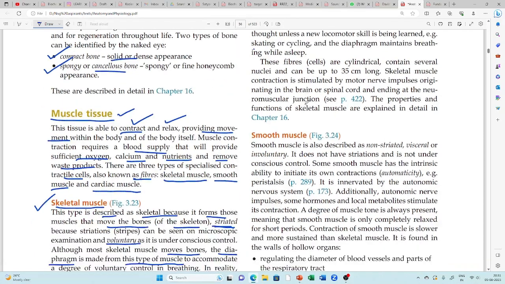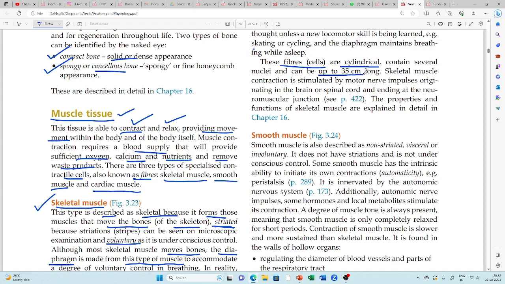Another characteristic of skeletal muscle: the fibers or cells in skeletal muscles are cylindrical. It's very, very important. Striated, voluntary, cylindrical, and containing several nuclei, and the length can be up to 35 centimeters.